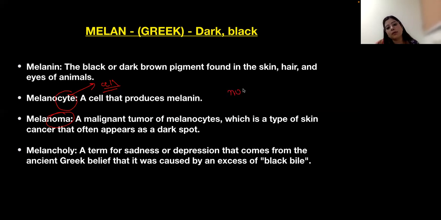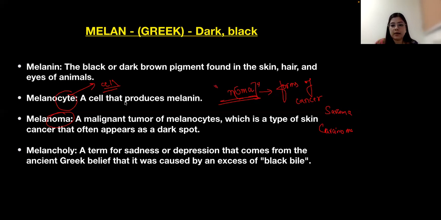So words that end in oma generally represent forms of cancer. Sarcoma हो गया, carcinoma हो गया, melanoma हो गया. So forms of cancer.